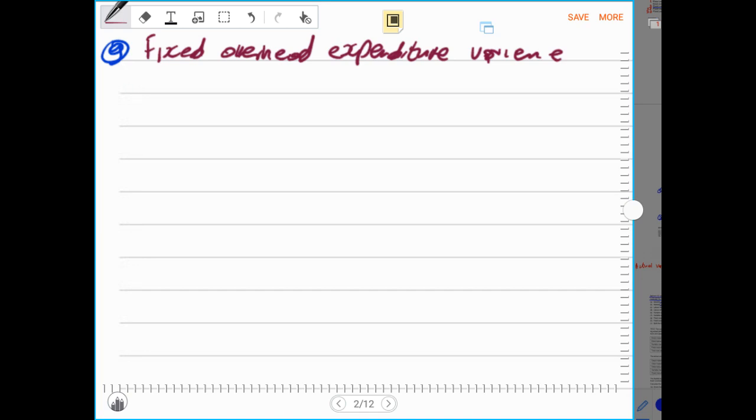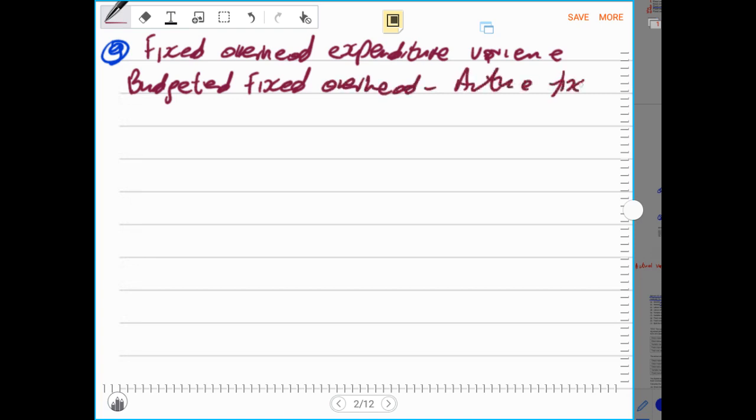This will be budgeted fixed overhead minus actual fixed overhead. This is one of the simplest variances.